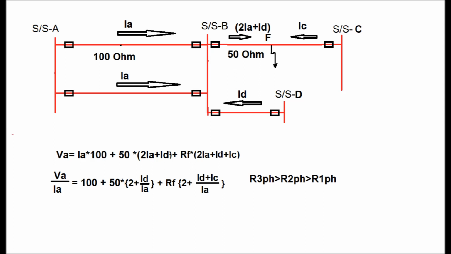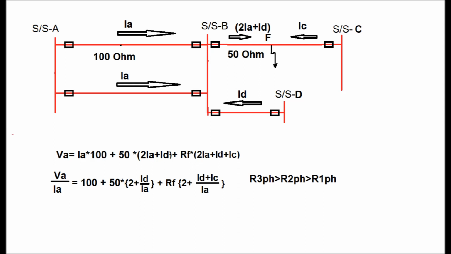So the fault voltage sensed by the relay at the substation A end is equal to VA equal to IA into 100 plus 50 into 2IA plus ID plus RF into 2IA plus IB plus IC.